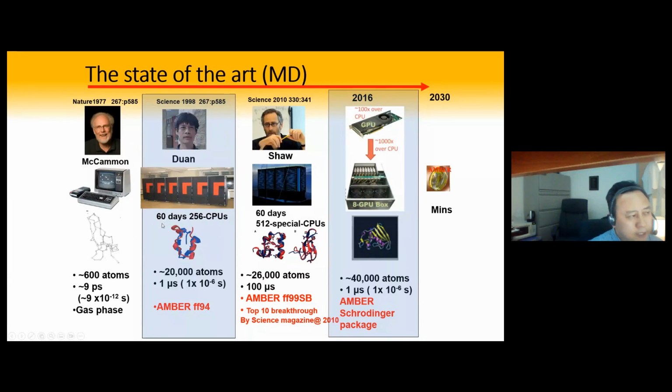And then roughly 20 years ago, my PhD advisor, Dr. Duan, was fortunate to use a supercomputer like Cray, and he was able to simulate a small protein in a solvated environment for a microsecond, which is millionfold longer than the first study. Well, he told me the result actually was not good, which you can see from this comparison.